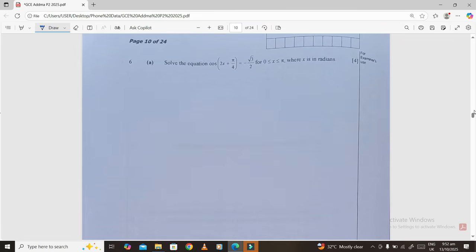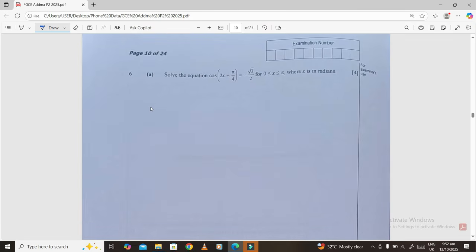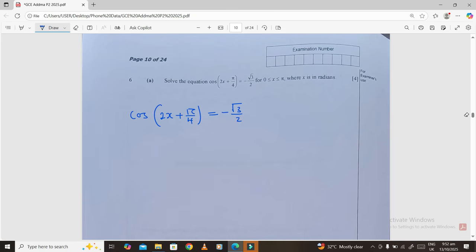We now go to the next question where they're saying we solve. So cos, open bracket, 2x plus pi over 4, and then here we've got negative this. Okay. This is what we have.